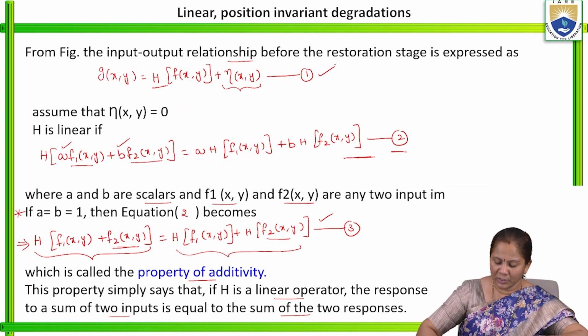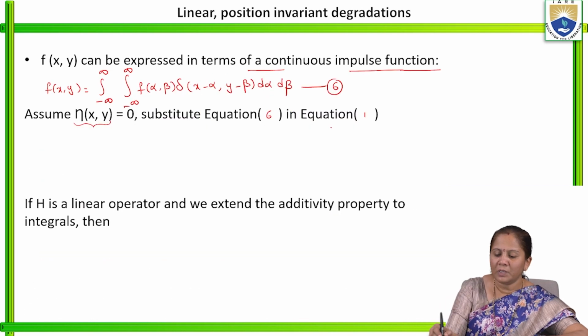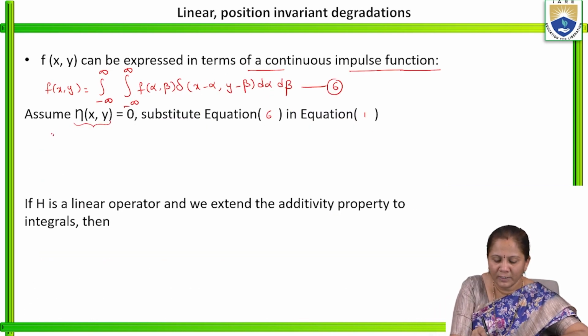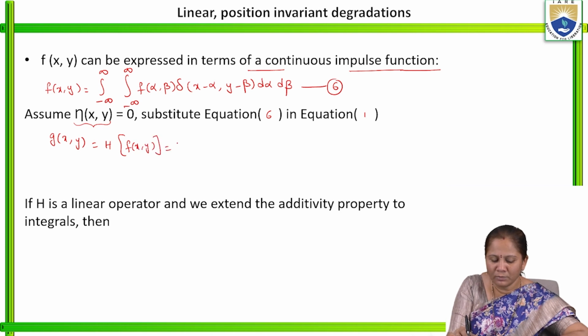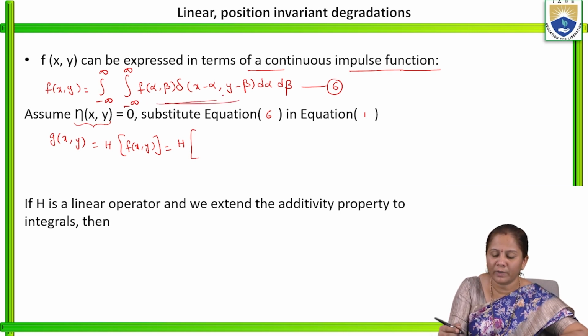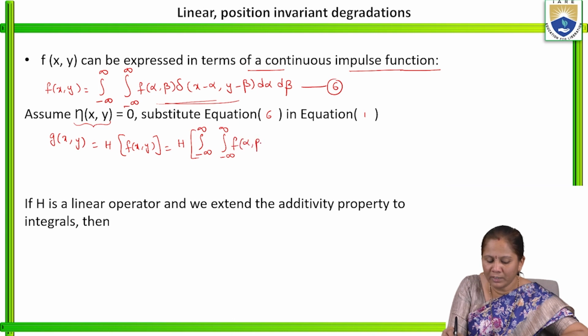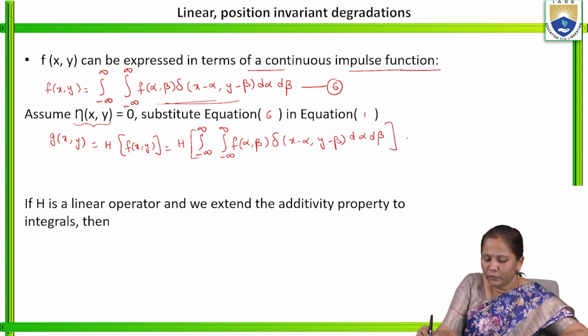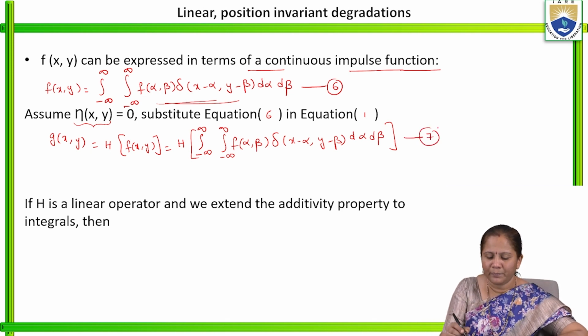Substituting the condition of equation 6 in equation 1, it becomes g of x comma y is equal to h of f of x comma y is equal to h of, and this is the entire expression we have to substitute: integral minus infinity to infinity f of alpha comma beta del x minus alpha comma y minus beta d alpha d beta. Consider this is equation 7.